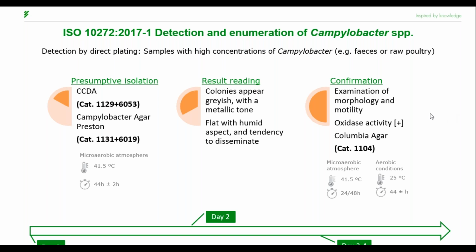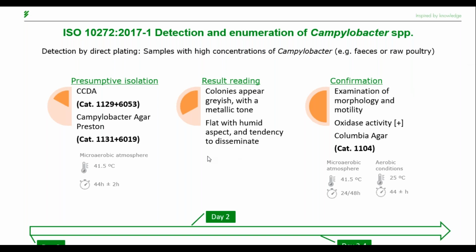In this ISO, we can find all the controls that we have to do on our culture media in our method. For example, in our TDS, in our technical documentation, all the microbiological controls follow this ISO.